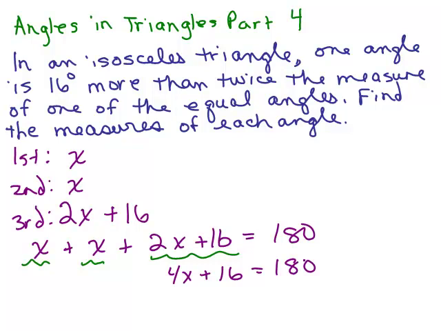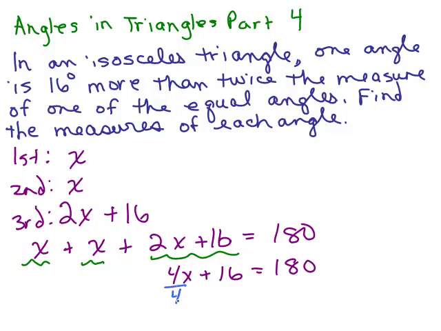Now there's more than one way to solve this equation. You could subtract 16 from both sides and divide by 4. I'm going to do it a little bit differently like I did in Angles and Triangles Part 3. If you have a common factor in all your terms, you could divide by that common factor to make the numbers smaller. So I noticed that 4 goes into all three of those numbers.